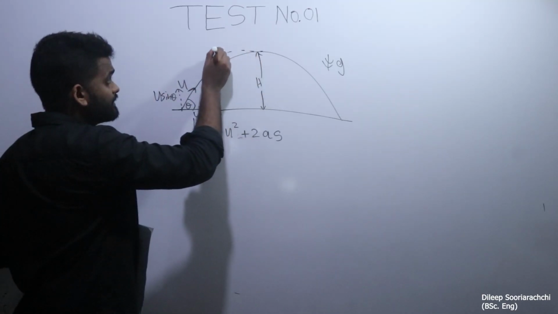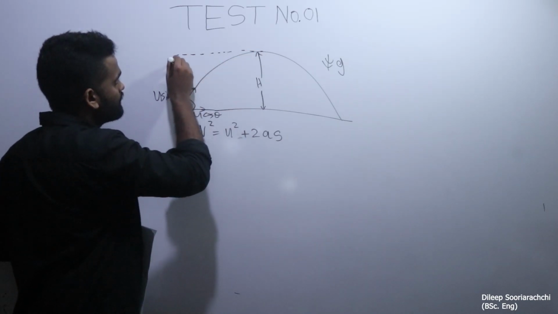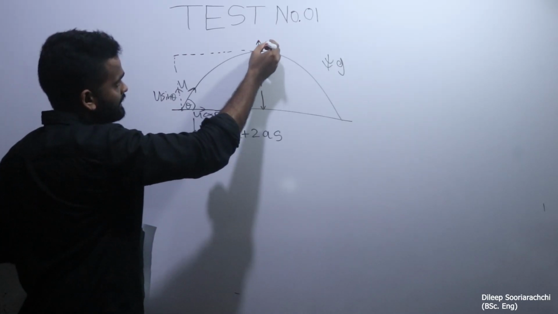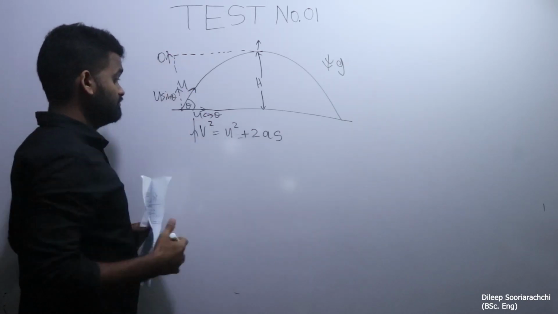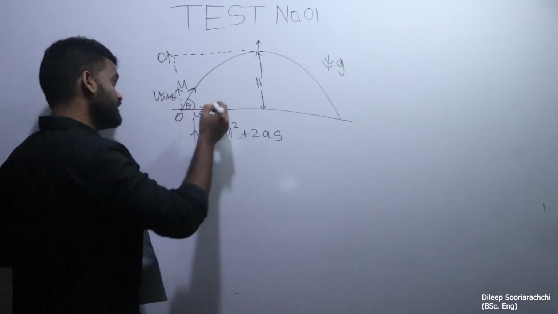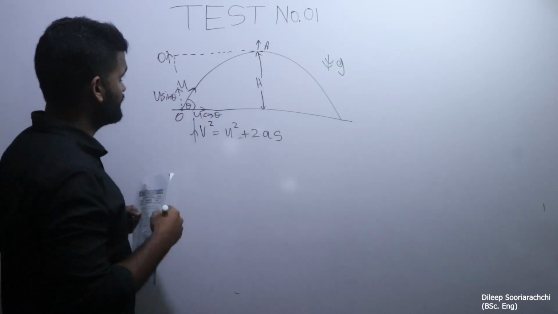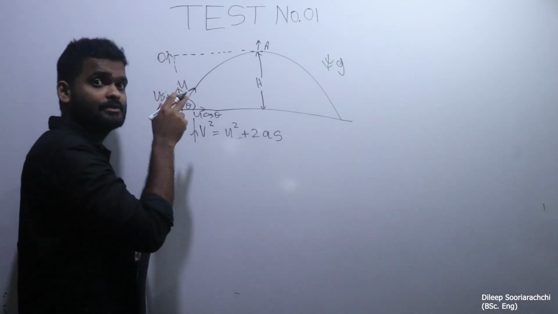Then we know that at the top, as it reaches here, the vertical component of the velocity is 0. So I am applying the equation from here to here. So here we have the final velocity, that is 0, at the top.